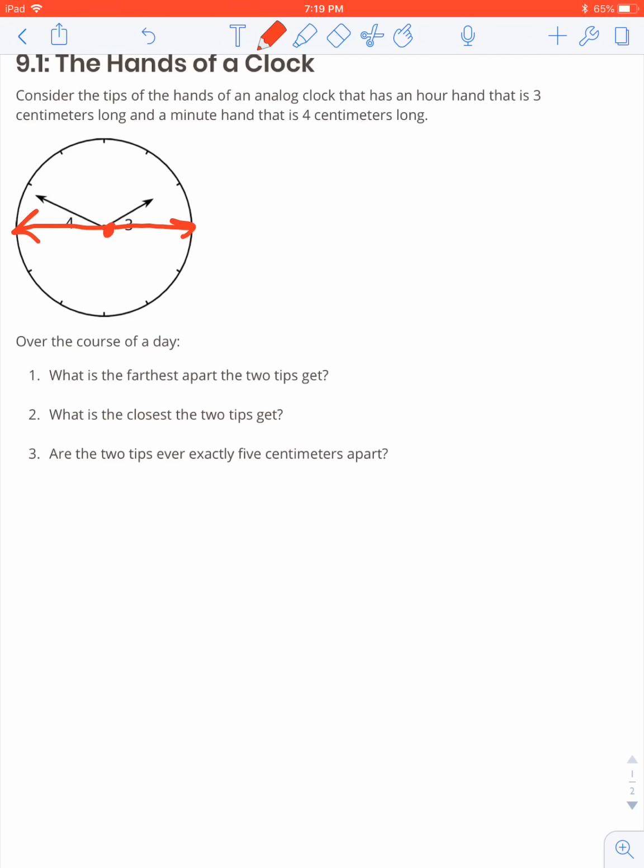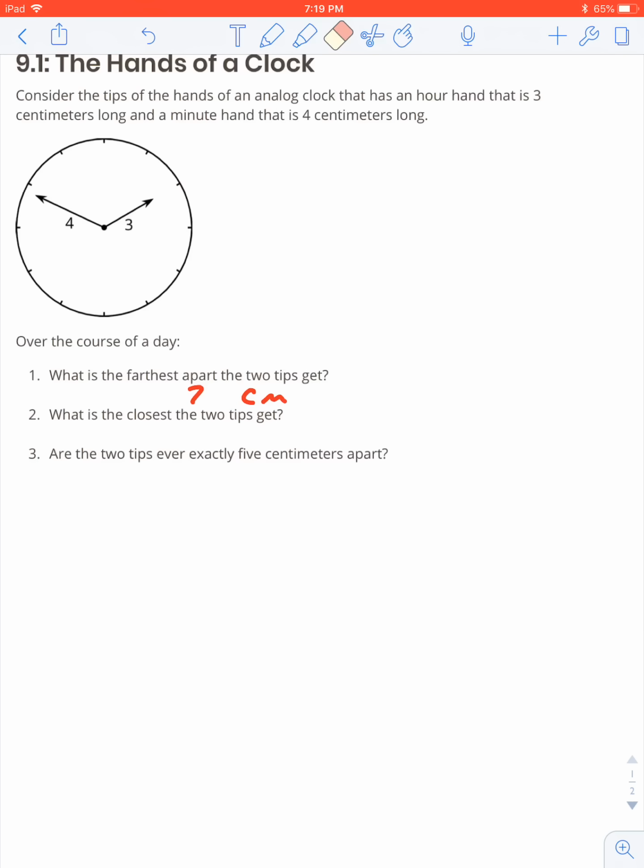Okay, so the furthest that these 2 tips are ever going to be apart is going to be 7 centimeters. Now there is no specific time, as long as you can see they are on opposite ends of each other, so it doesn't really matter, as long as the one tip is on one side and the other is on the other side.